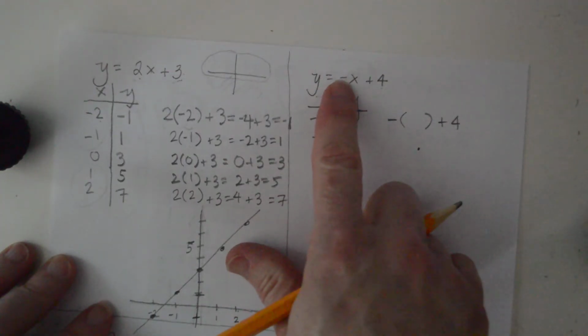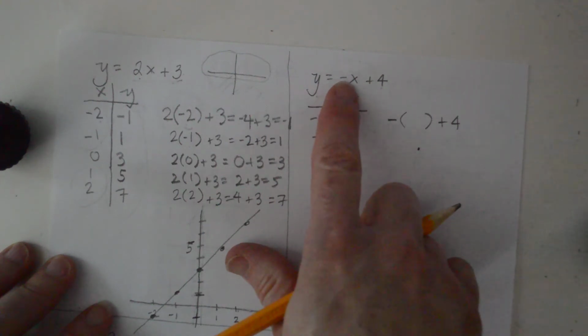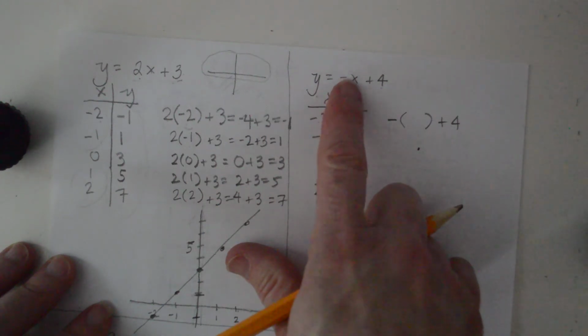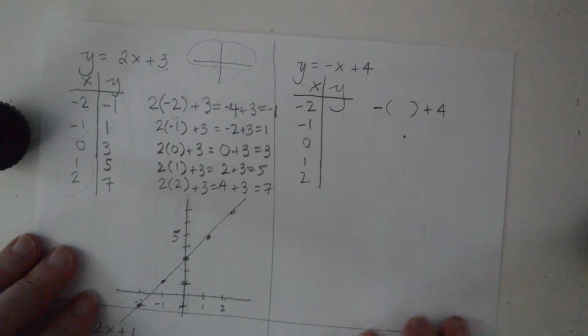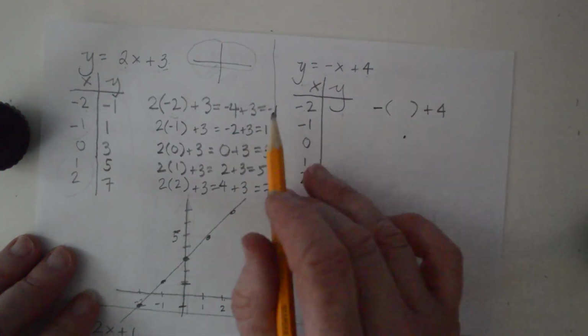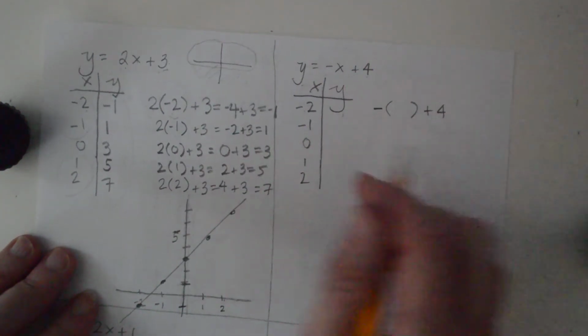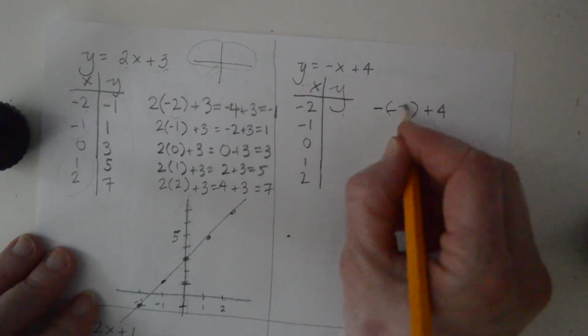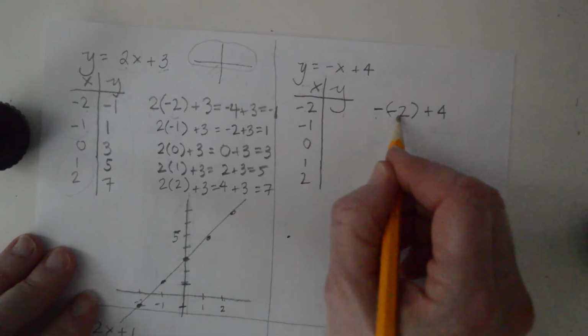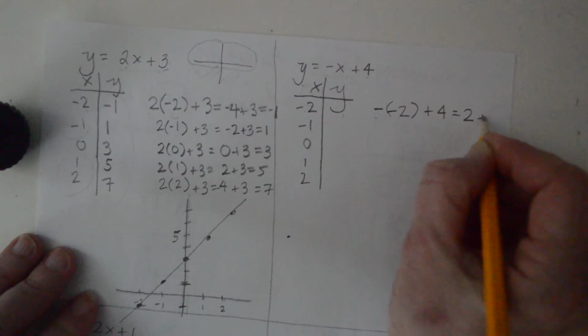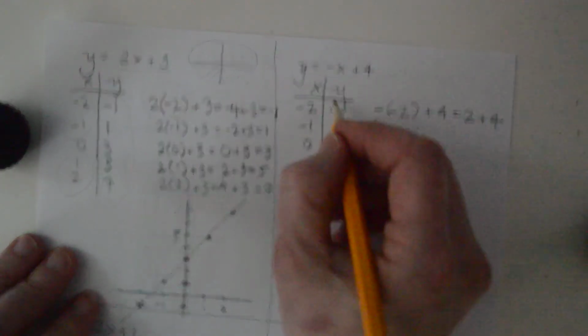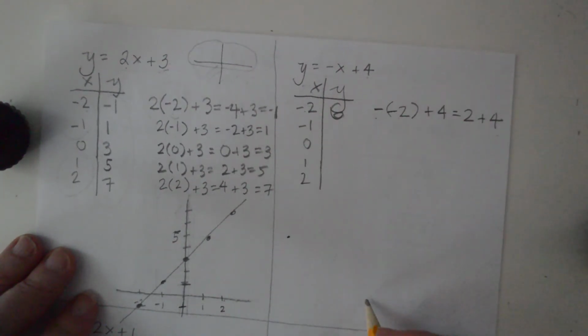I realize you would probably read -x as "negative x," but for this purpose, it might help to read it as the opposite of x. So our pattern is take the opposite of the x value you chose and then add 4. The x value we chose was -2, so the opposite of -2 is +2, and then we add 4 to it. We get 6.